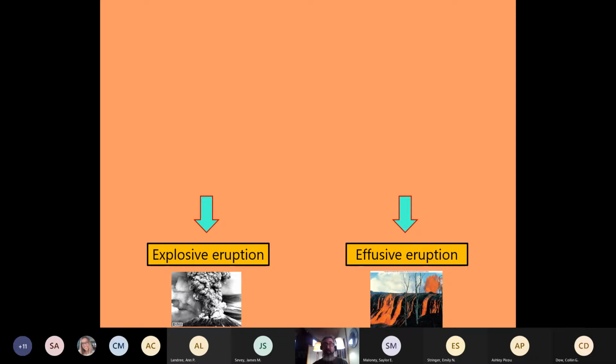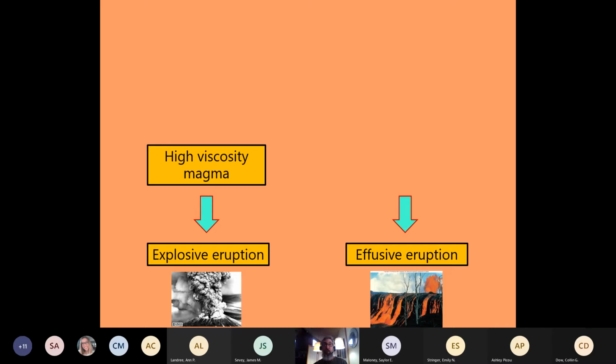The question is, what is it easier for gases to escape from? Really, really thick lava or thin and runny lava? And the answer is, it's pretty hard for gases to escape from the thick, high viscosity magmas, which means that the pressures build up higher and higher and higher until eventually they must escape.